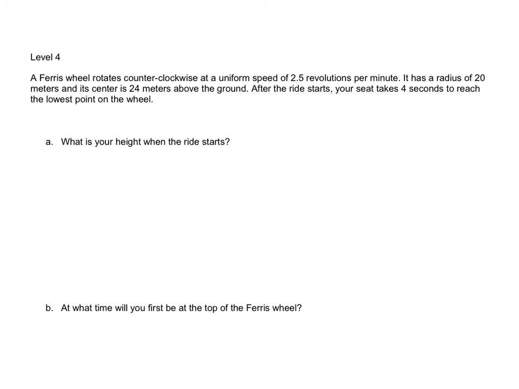We did a circle, which was drawn for you. Remember, circles have centers, and therefore we have our radii. And this one says, a Ferris wheel rotates counterclockwise at a uniform speed of 2.5 revolutions per minute.